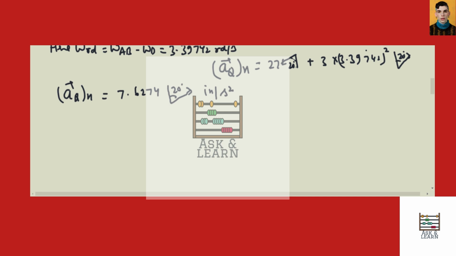So acceleration of AQ will be 6 cos of theta i cap j cap, 7 6274 sin of theta i cap j cap.